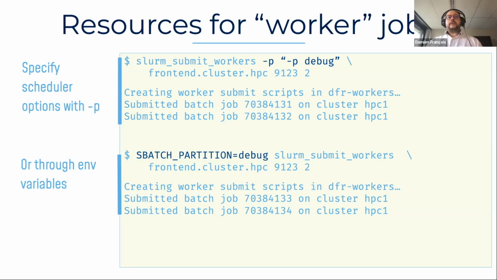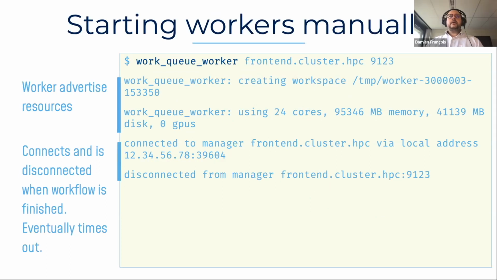You can also start the worker manually. If you have some resources on a computer where there's no scheduler, you can use the work_queue_worker command, which also needs the name of the machine on which Makeflow is currently running and the TCP port where it's listening.